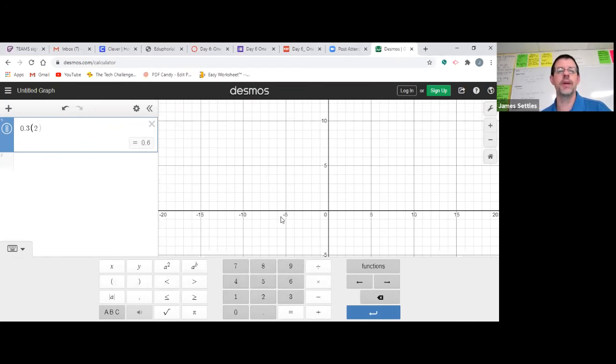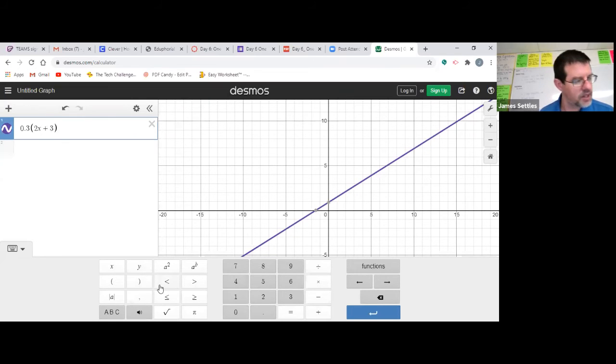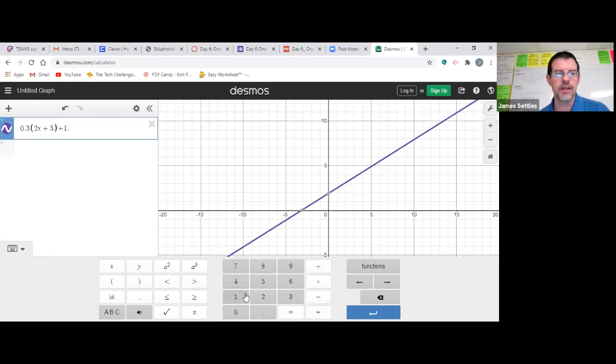Now, what stinks about this is that you might be able to pull the tab off and then type this in. If you pull the tab off, you might be able to see your picture. Other than that, you may have to go back and forth or write the equation down on a sheet of paper and then type it in because it's kind of long. All right, plus 3, close parentheses. And you got to be careful here and type this in exactly right. If you don't type it in right, it's going to give you the wrong answer.